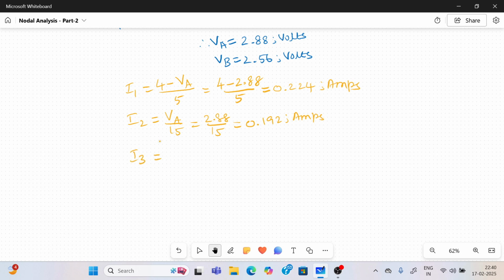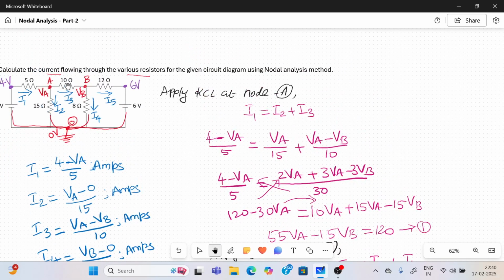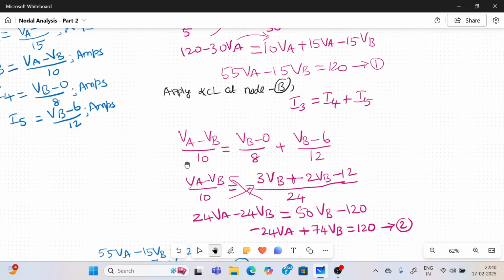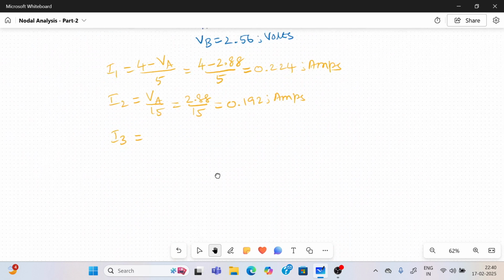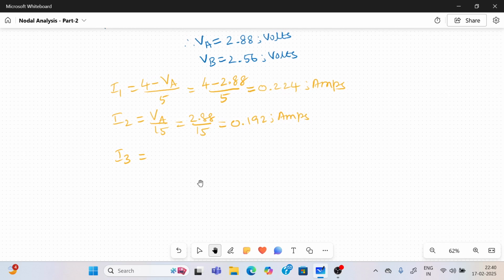What about your I3? Your I3 is nothing but VA minus VB by 10. This is the 10 ohm current. What about your VA? 2.88 minus VB, which is 2.56, divided by 10.